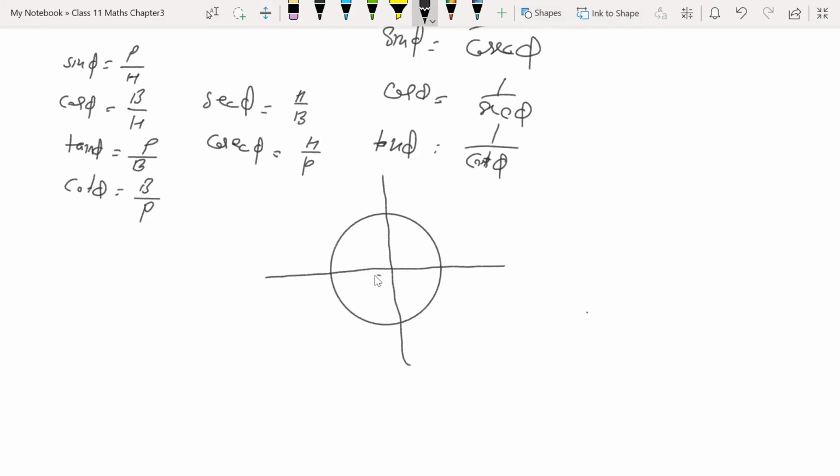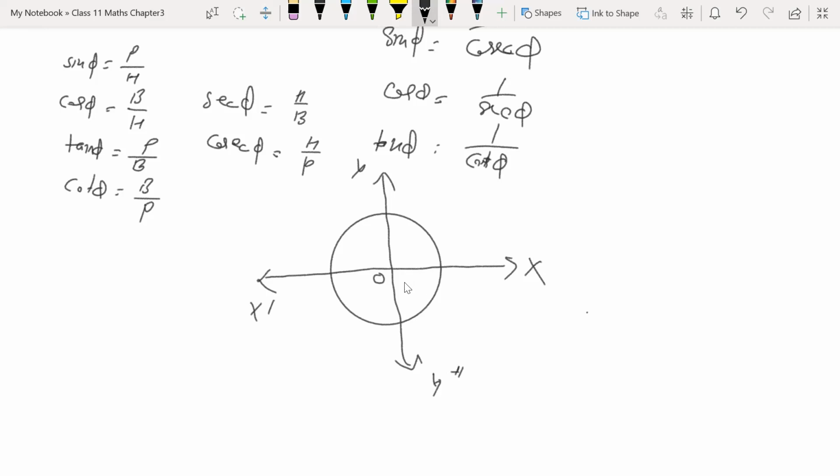In a circle, this is the origin, X coordinate, Y coordinate. 4 quadrants are there. Y minus, X minus.